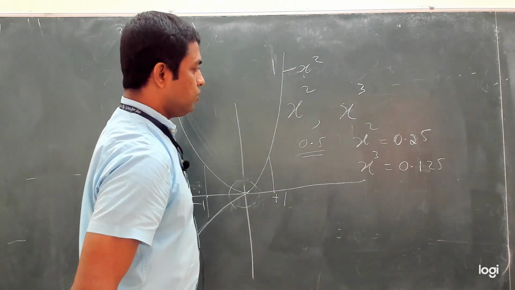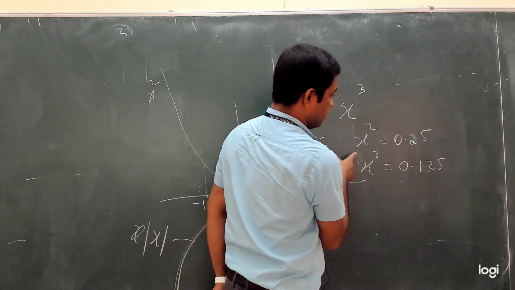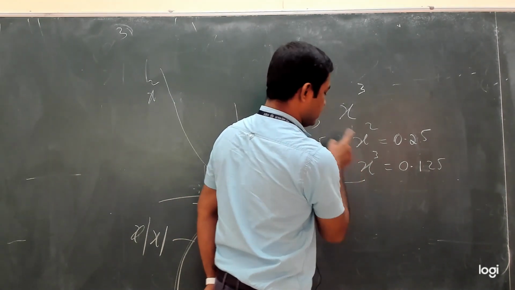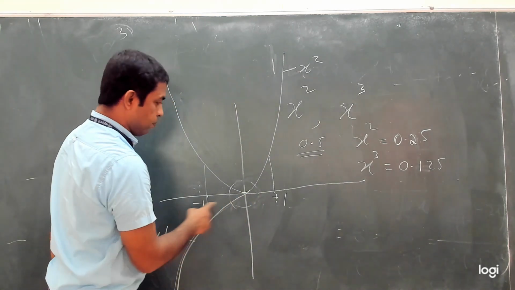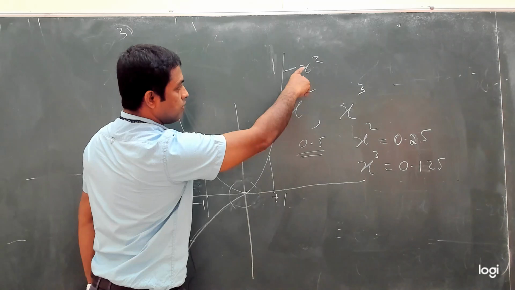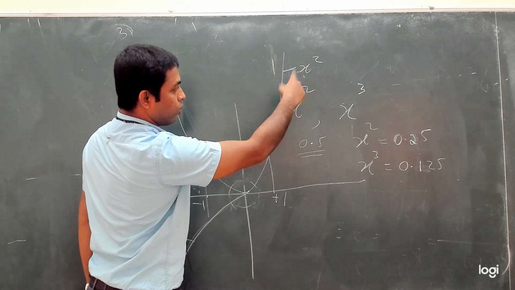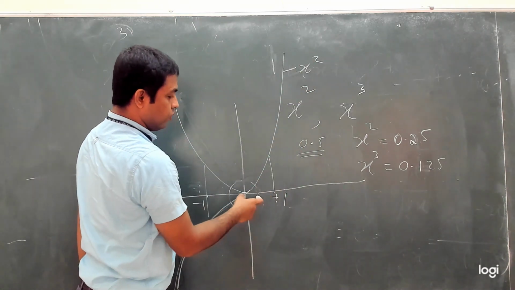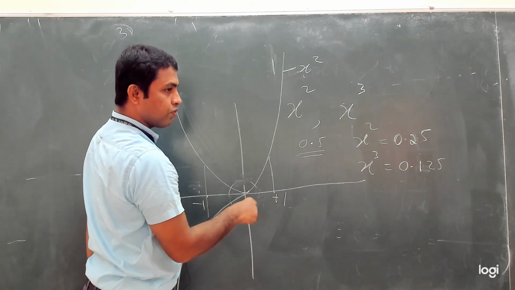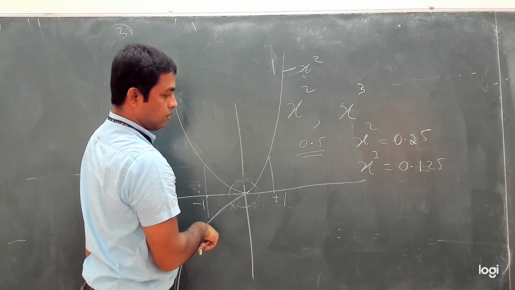Okay, so which is higher, x square or x cube? X square. So if the values are between plus 1 and minus 1, the higher power function, the polynomial of higher order, will have a lower value than the polynomial of the lower order. Okay.